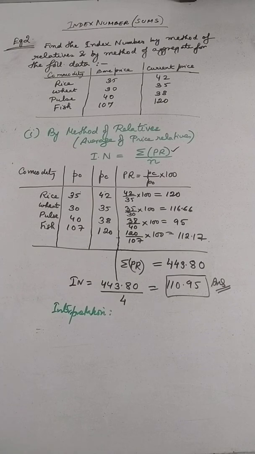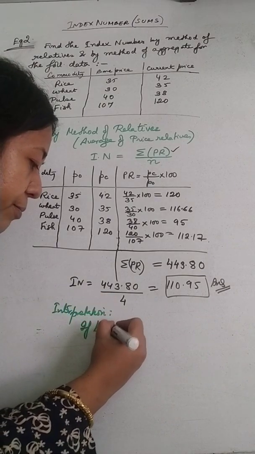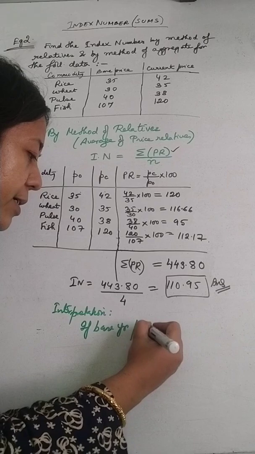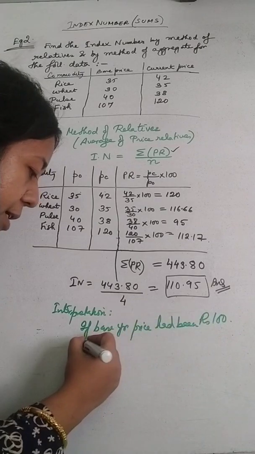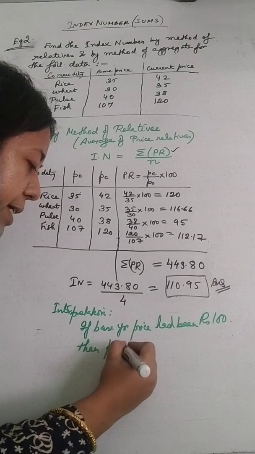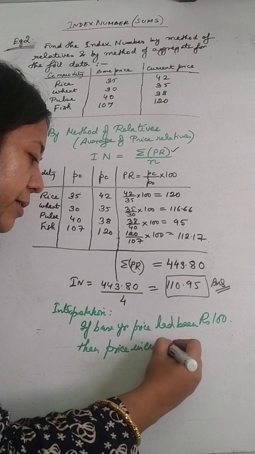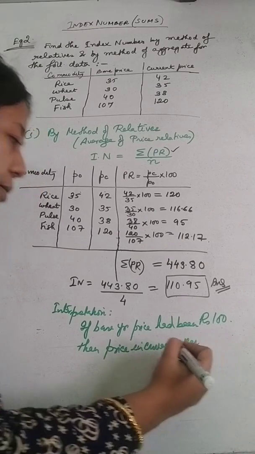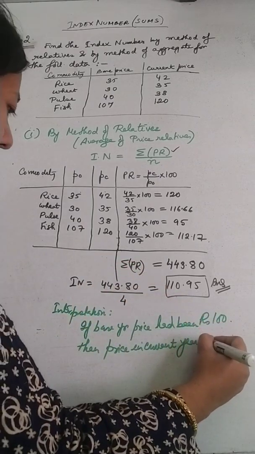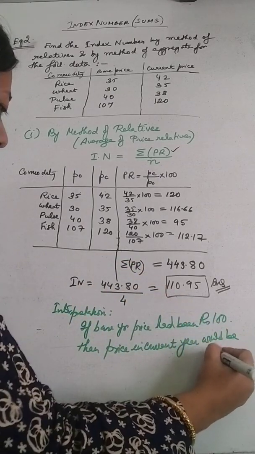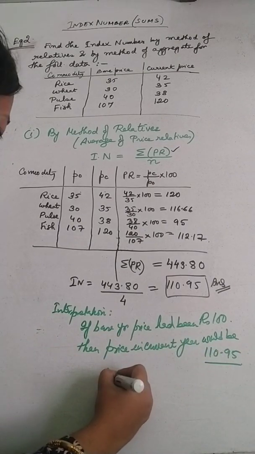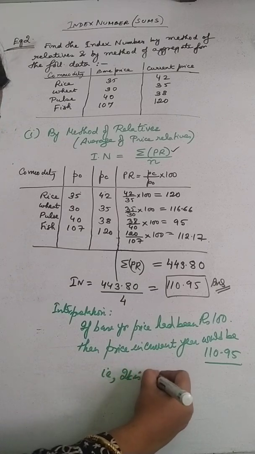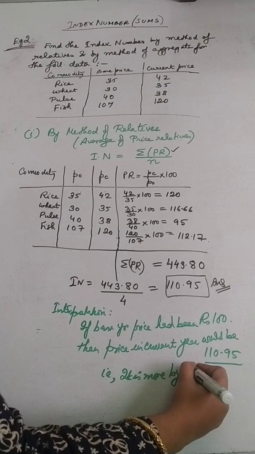It means if base year price had been rupees 100, then price in current year would be 110.95. In other words, you can say that it is more by how much?